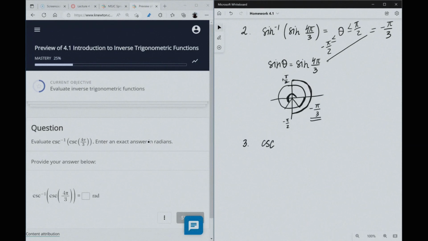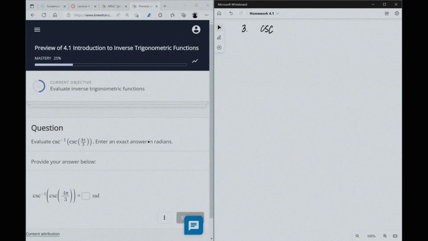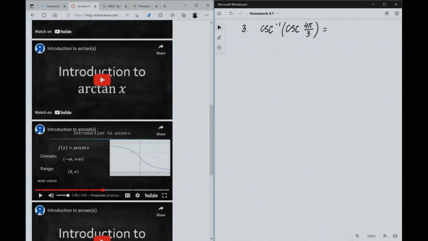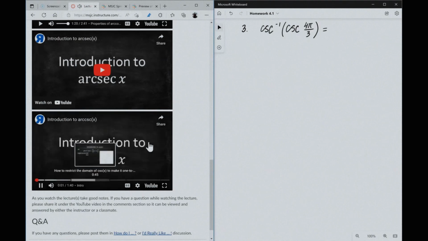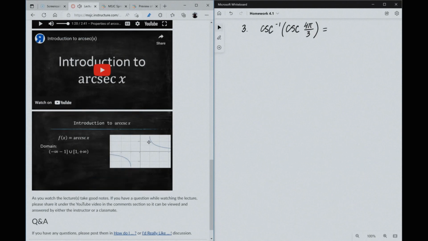We have cosecant inverse of cosecant of 4 pi over 3. The range of cosecant inverse function is, so the range of this function is from negative pi over 2 to pi over 2, except 0.